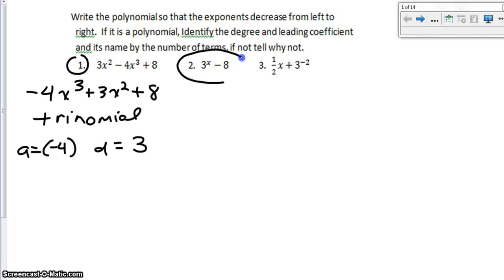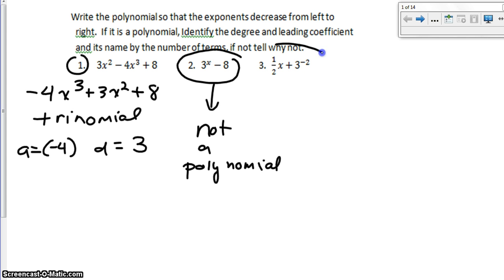Ladies and gentlemen, this came right off of your card. If x is used as an exponent, this is not a polynomial. Now, I do know that this is a little bit of a trick, but remember that it is a polynomial as long as all of the exponents for variables are positive.